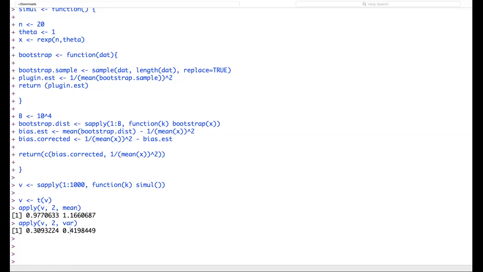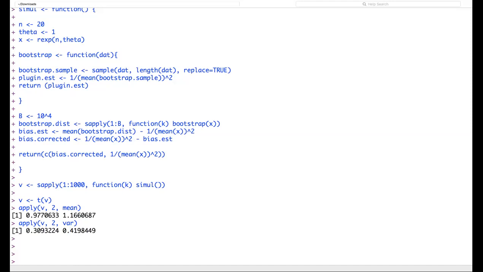If you just look at this, the first thing is what is the true value of theta square? It's 1, because in this case, we set theta to be 1. So the correct parameter value here is 1. Now the bias corrected value is almost close to 1. The uncorrected one is overestimating it by about 0.16.